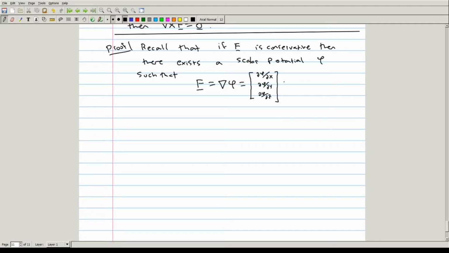Remember, we can also think of F as saying that P is the x partial derivative of the scalar function phi, Q is the y partial derivative of phi, and R is the z partial derivative of phi.